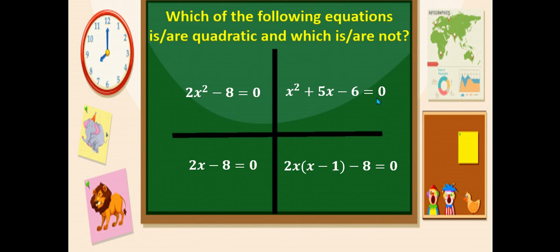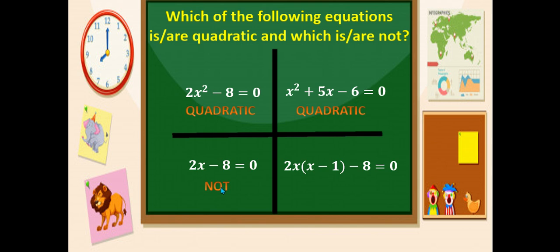In the first item, x squared plus 5x minus 6 equals 0. That is quadratic, because it has a quadratic term. Next, 2x squared minus 8 equals 0. Also quadratic. Next one, 2x minus 8 equals 0. Not.